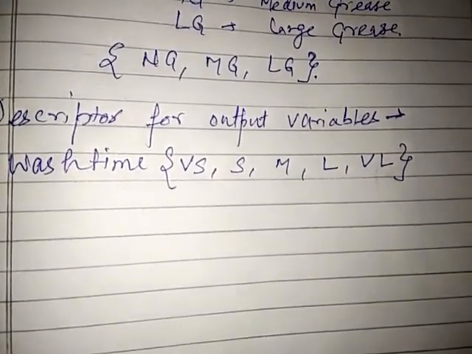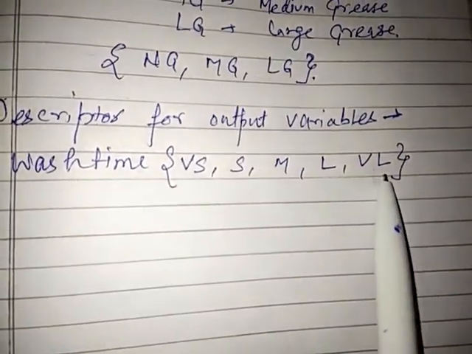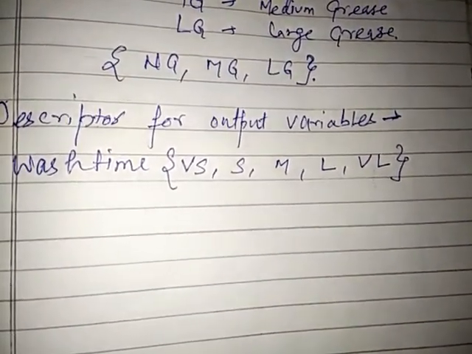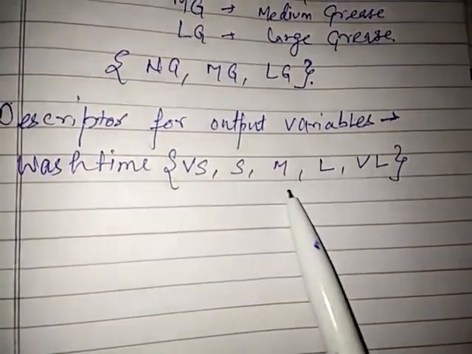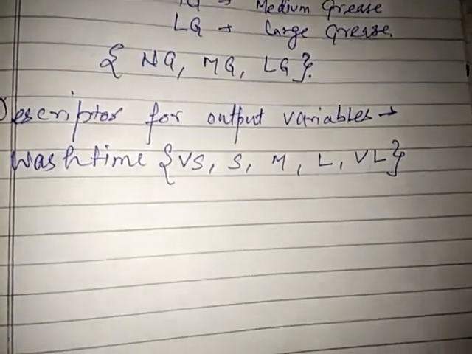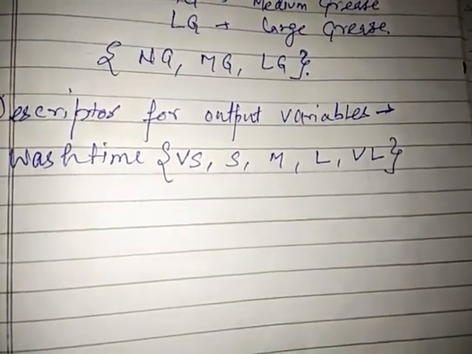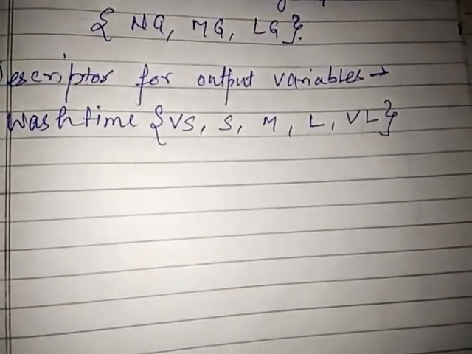If we have defined the number of descriptors as 7, then we can use very very small and very very large. If we define 9 descriptors, then we use very very small, very small, small, rather small, medium, large, very large, rather large. It depends upon how much you imagine.